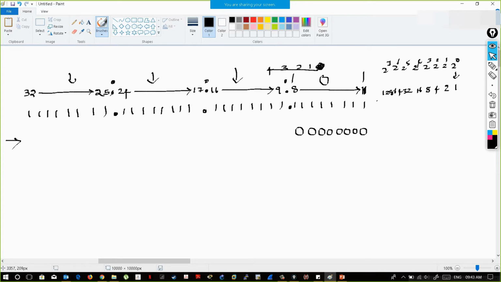Now adding all these, what will be the value? 255, right? So 255 means every bit in this octet is up. Then only the sum of those values comes to 255.